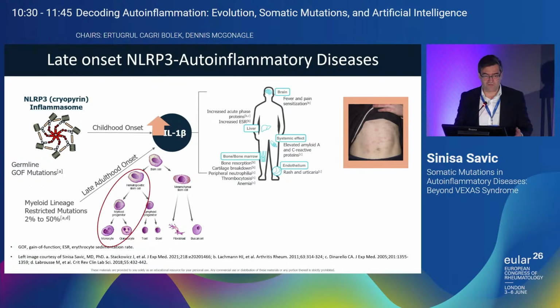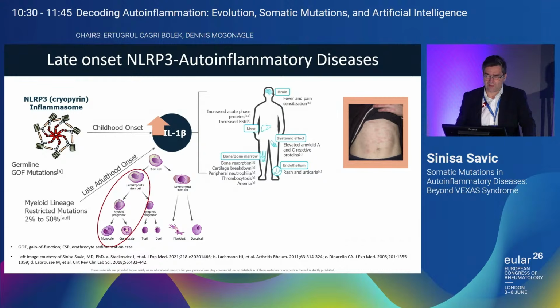But then we and others have found these patients in clinic turning up in their 40s and 50s and 60s with exactly the same disease. So basically, no prior history. Most of the inborn errors of immunity and CAPS present usually in early childhood, and we had people presenting with exactly the same phenotype in their 50s.